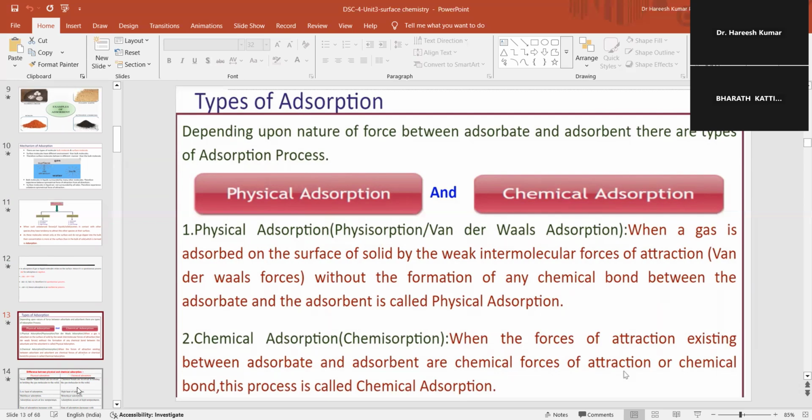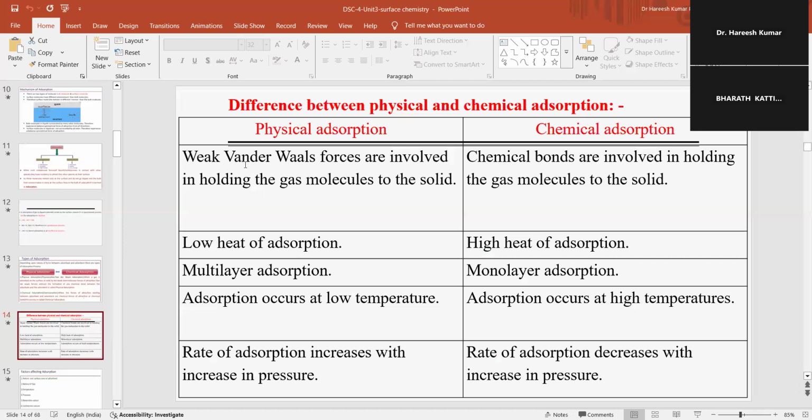So here I am taking the difference between physisorption and chemisorption, or physical adsorption and chemical adsorption. In physical adsorption, weak van der Waals forces of attraction are involved between the adsorbate and adsorbent. Chemical bonds or chemical forces are involved in chemical adsorption.